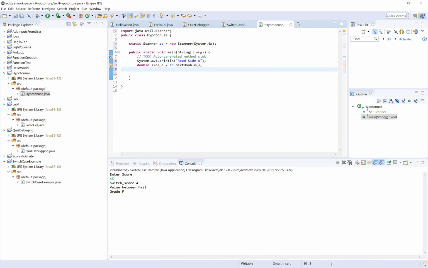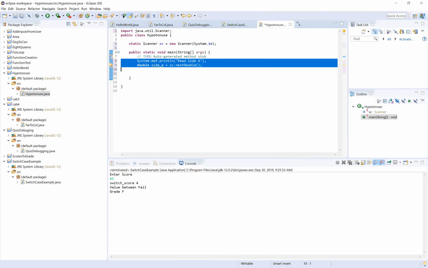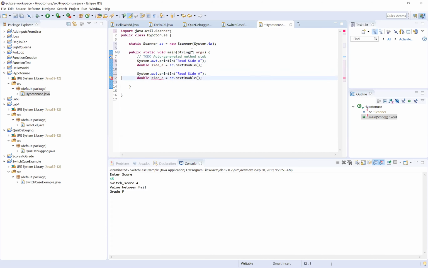Then you need side B basically. So we're going to read side B, the two sides.